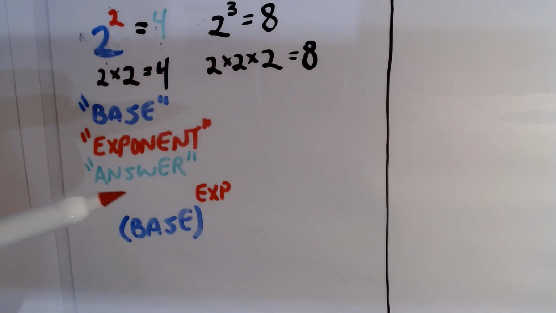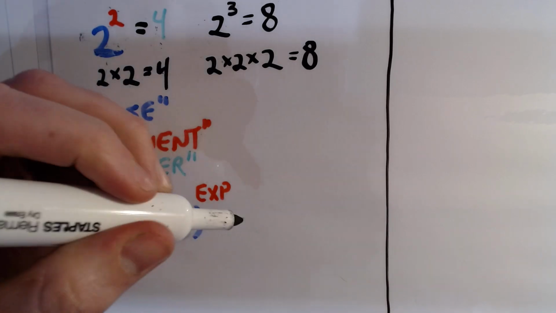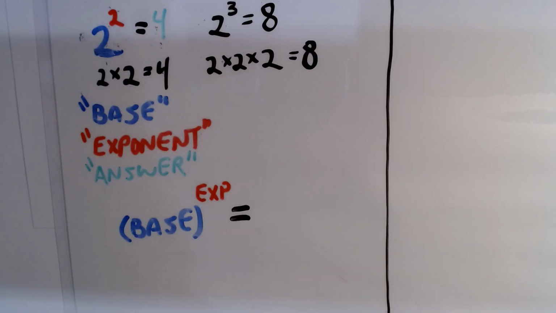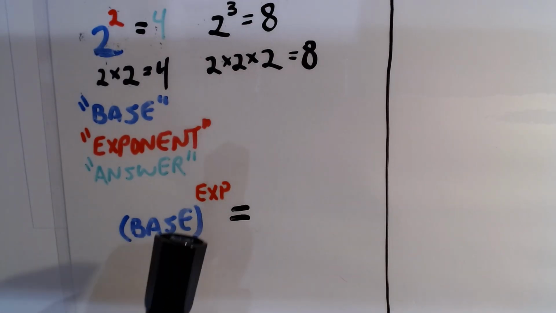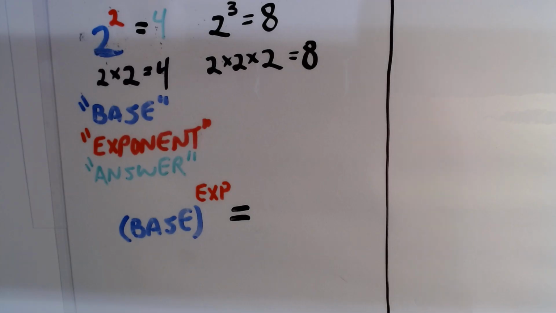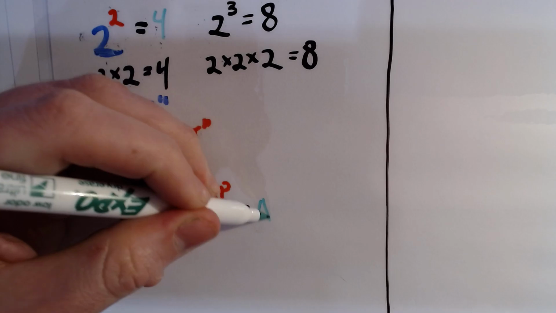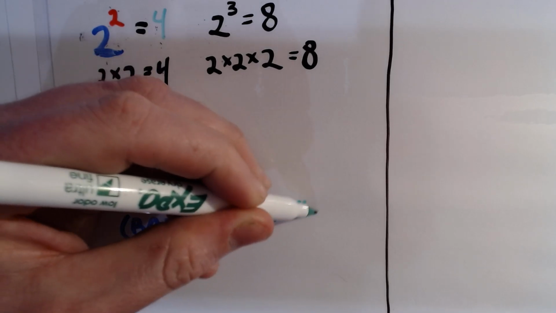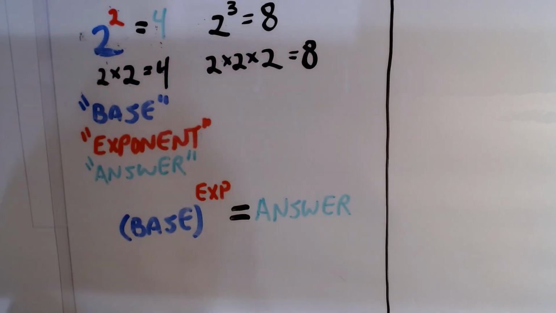I'm just going to write it as exp for short, if you don't mind. And of course, if you do that operation, you get the base and multiply it by whatever number of times the exponent tells you to. That will ultimately yield your answer.